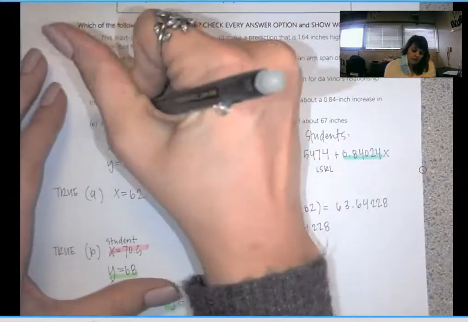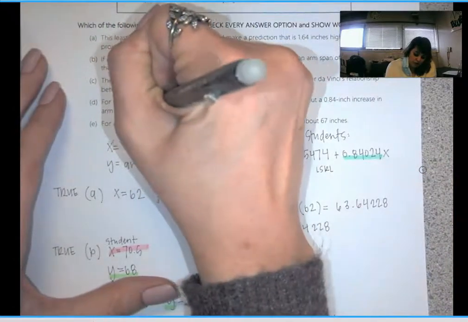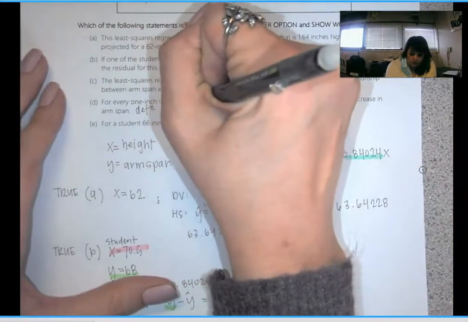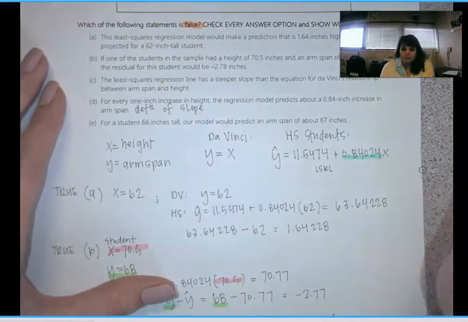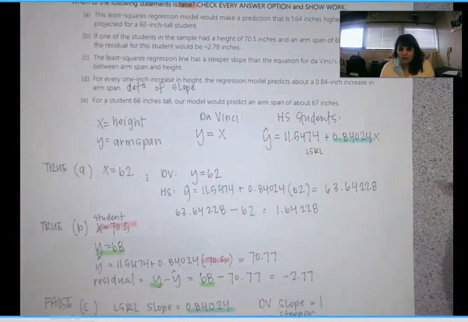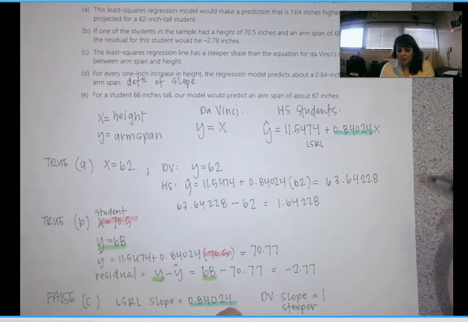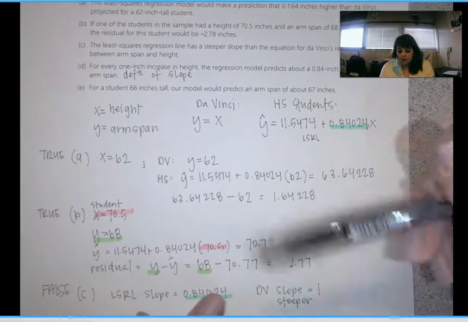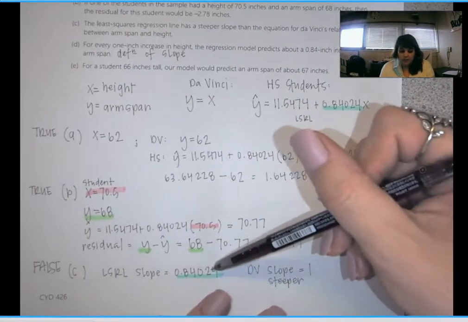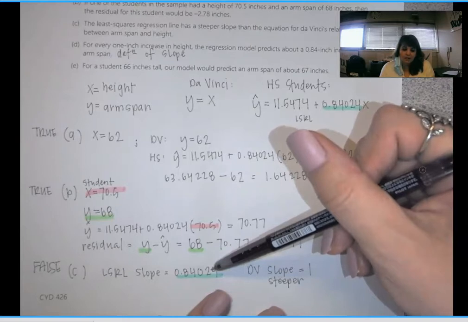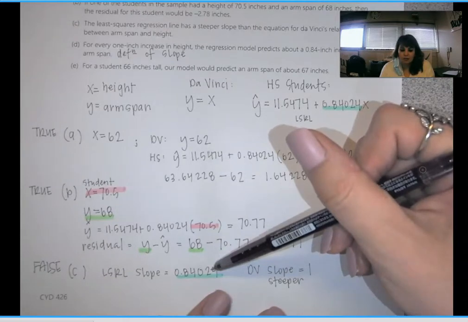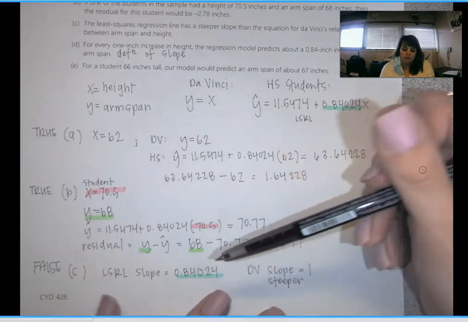Yes, this is just the definition of slope. For every 1 increase in x, what does y do? So in this case, for every 1 increase in height, arm span increases by 0.84 inches.